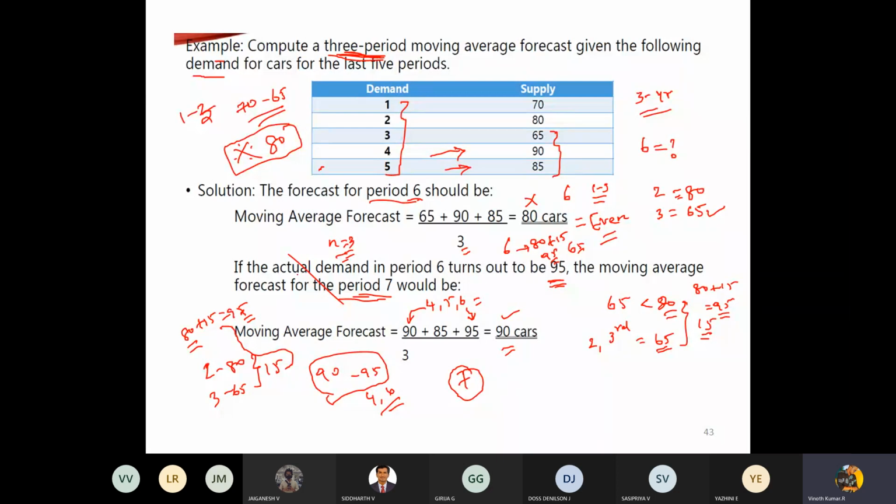In the month of September, it is 400. In the month of October, it is 500. In the month of November, it is 600. And in the month of December, it is 700.